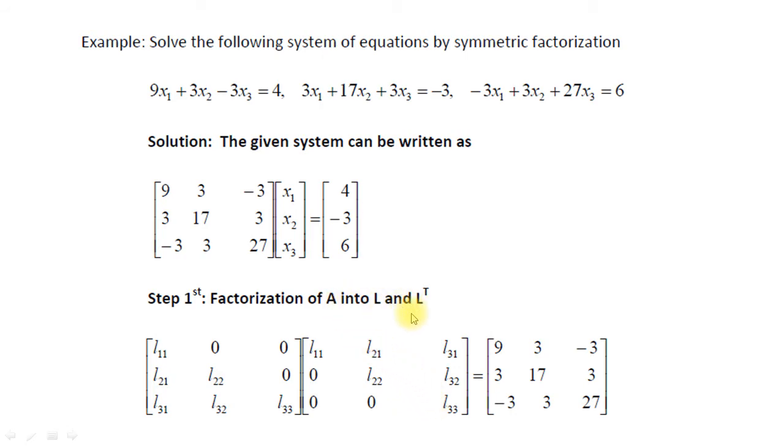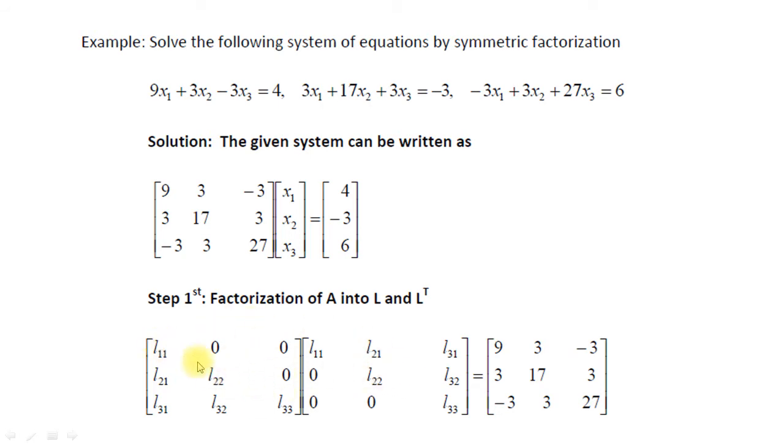But in the Cholesky method, the diagonal entries of both matrices will be unknown and will be the same, like you see over here, L11, L22, L33. So these unknown representations will be the same. This is the lower triangular matrix, and this is the transpose of the matrix.